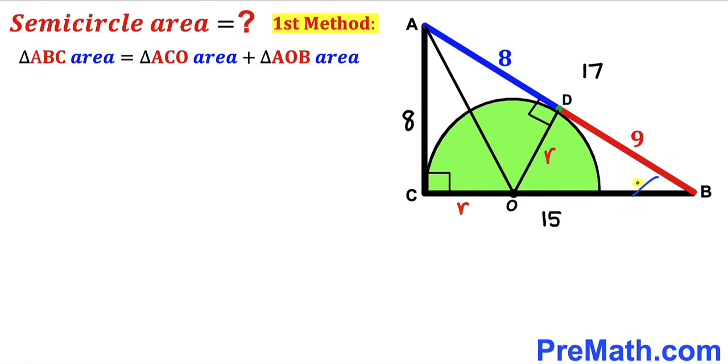Here's our triangle ABC. And this is our right triangle ACO. And finally, this triangle is our AOB triangle. Now we are going to calculate the area of all of these three triangles. And now let's recall the area of a triangle formula.